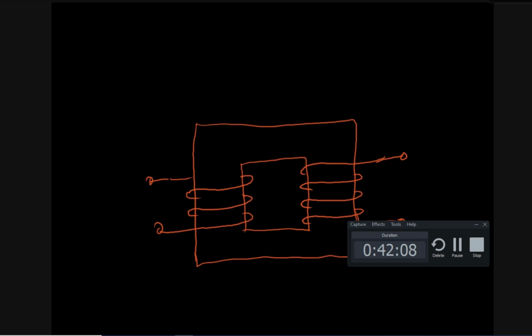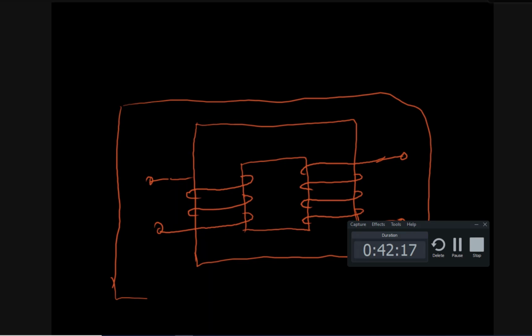Now this is the transformer and the windings, and this is kept in a tank, and from outside you will have access to the primary winding also. Of course, this can be ground.